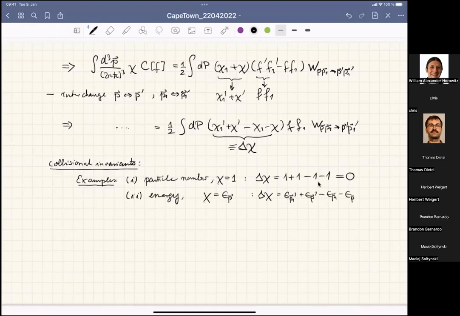The sum of incoming energies is the same as the one of outgoing. And of course, the last quantity that you certainly have suspected is a collision invariant is the momentum. In binary elastic collisions, also the sum of outgoing momenta is equal to the sum of incoming momenta. In this case, this is a vectorial quantity.